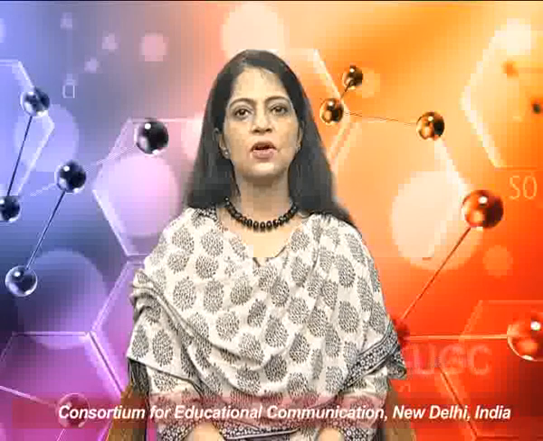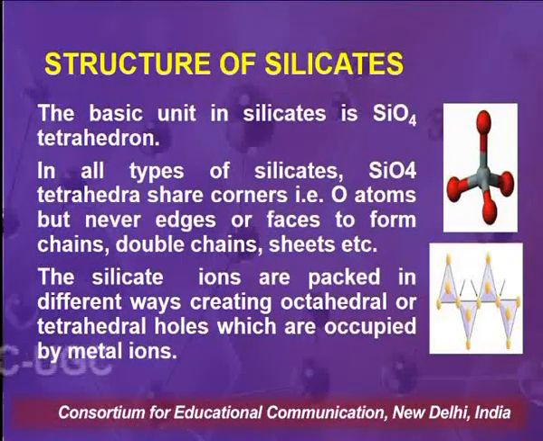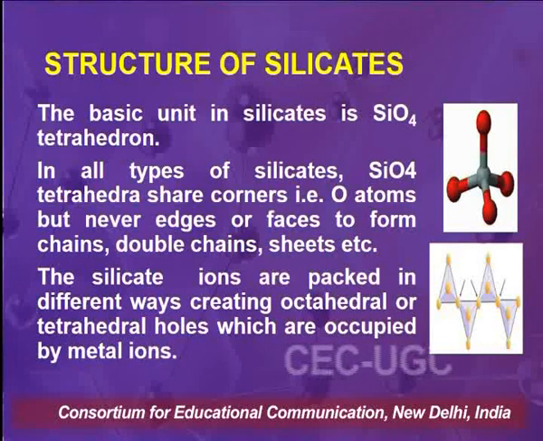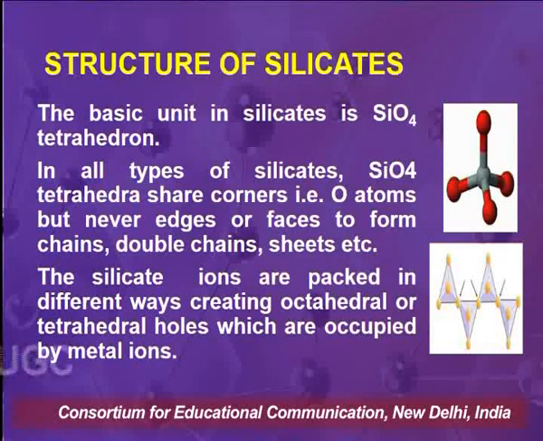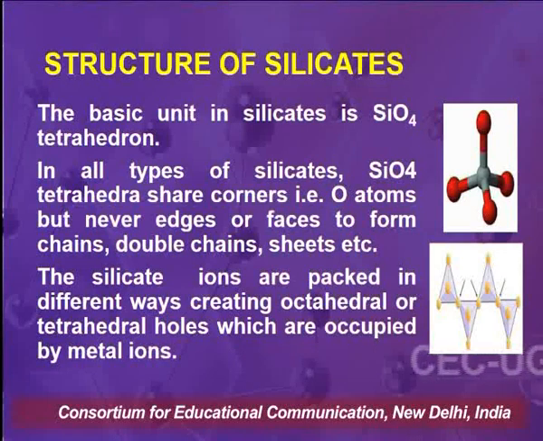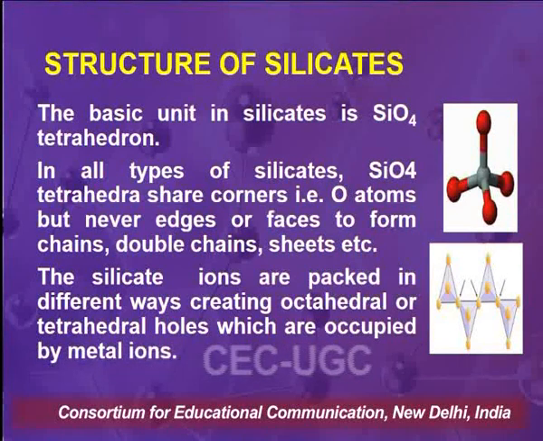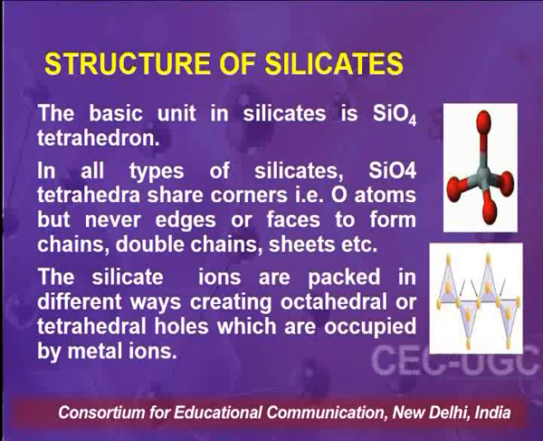Coming to the structure of silicates, the basic unit in silicates is the SiO4 tetrahedron, which is shown in the adjoining figure. In all types of silicates, SiO4 tetrahedra share corners, that is oxygen atoms, but never their edges or faces, to form chains, double chains, sheets, etc. The sharing of oxygen atoms through corners is shown in the figure below.